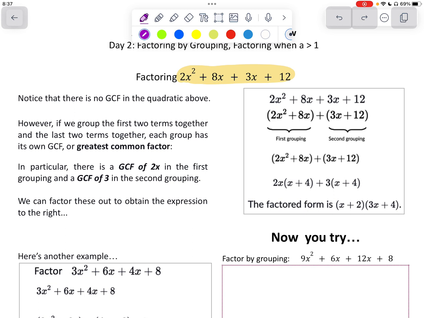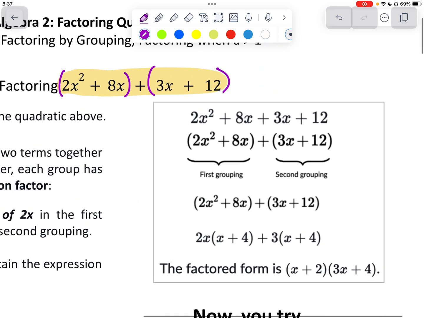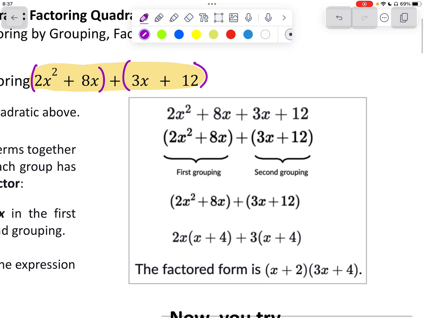But if we group the first 2 terms together here, and then we group the second 2 terms together here, then we can see a greatest common factor. If we group these first 2 together, we have a common factor of 2x. And then if we look at the second grouping, we have a common factor of 3.